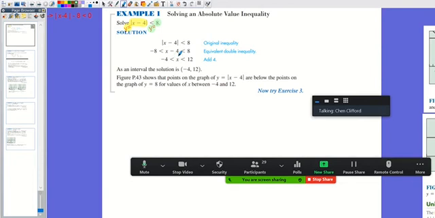And we essentially want to see where the yellow graph is below the green graph. I say below because of the blue highlight. It's less than. Where is the yellow highlight below the green highlight? That's what we're looking for.